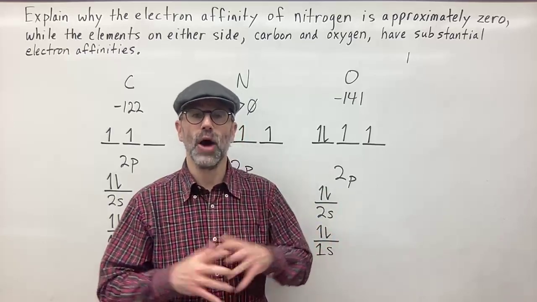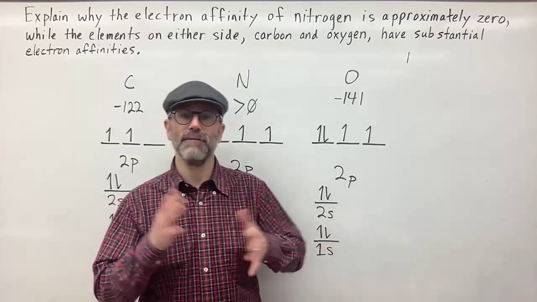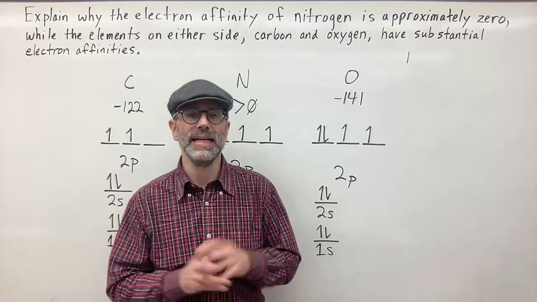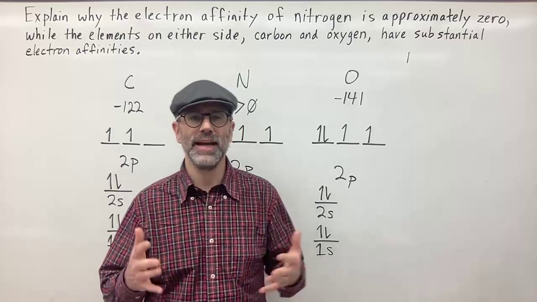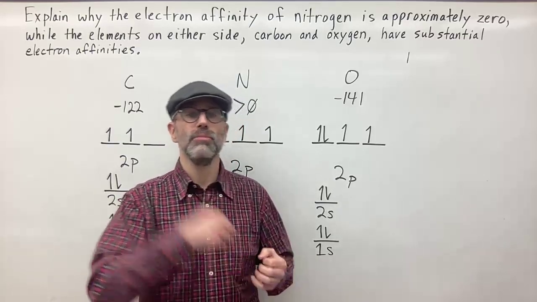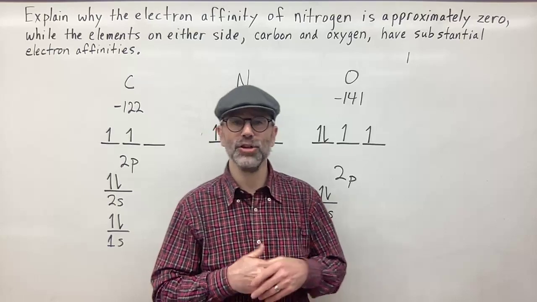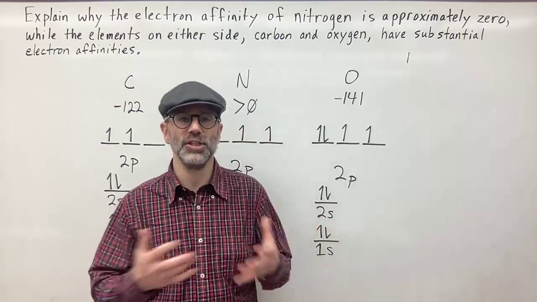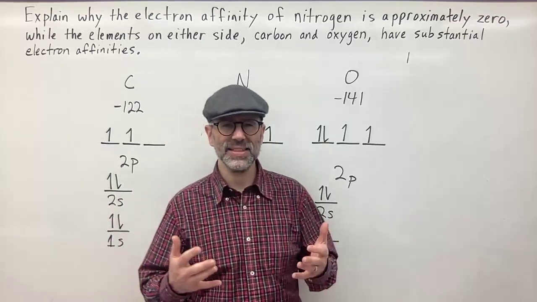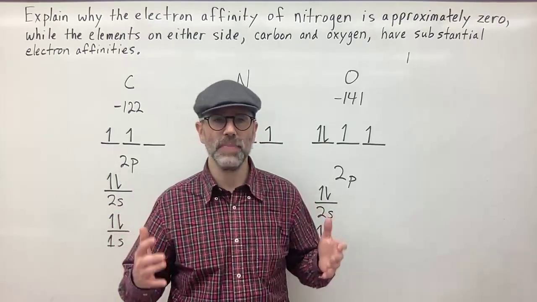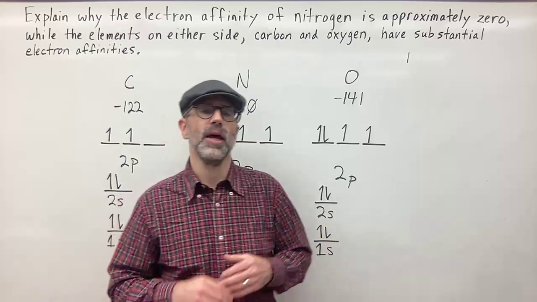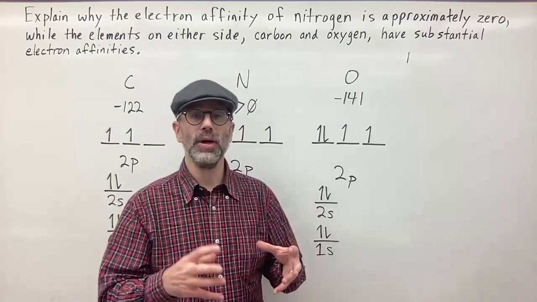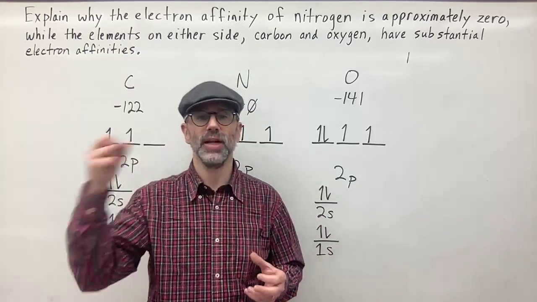Ionization energy, again very similar to electron affinity, is the energy change of an atom when you remove an electron. It's the energy needed to remove an electron. Well, how much energy is it going to take? Ionization energies are always positive. Why? Because it always takes energy to remove an electron.